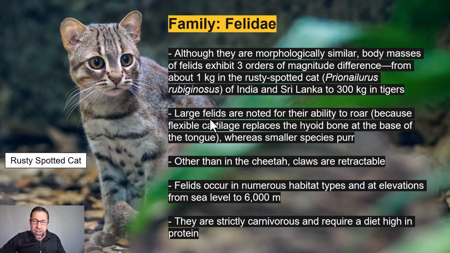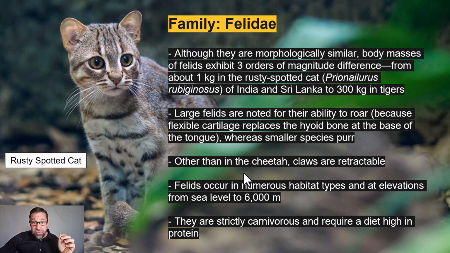Large felids like those tigers and lions are noted for their ability to roar. The roar is generated by this flexible cartilage that replaces the hyoid bone at the base of the tongue and is going to vibrate. And then it's going to allow the smaller species like your house cat to purr.